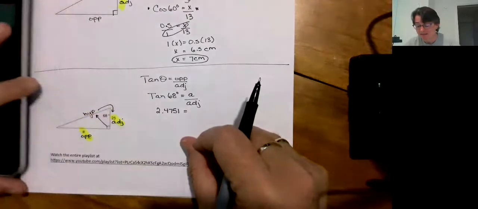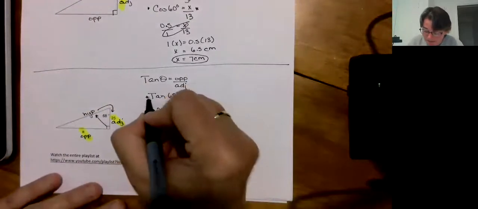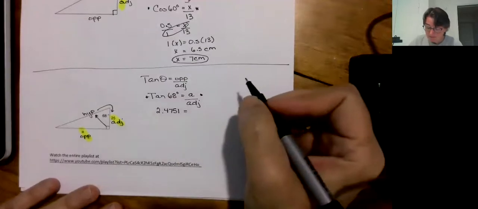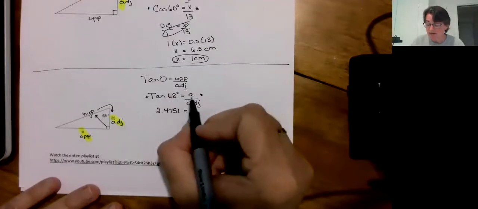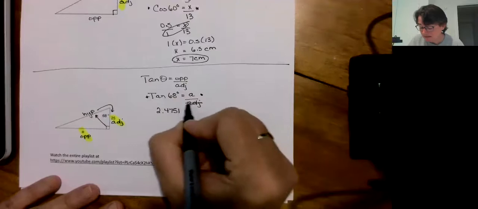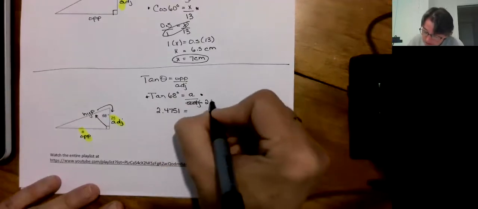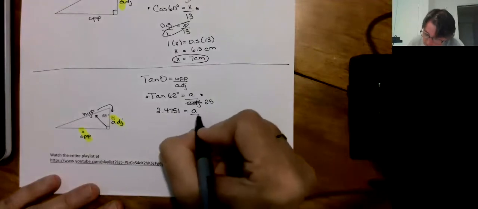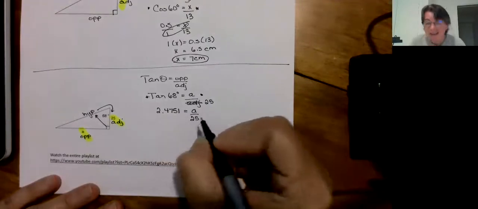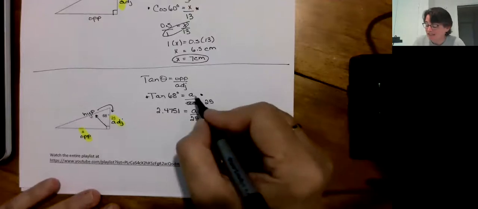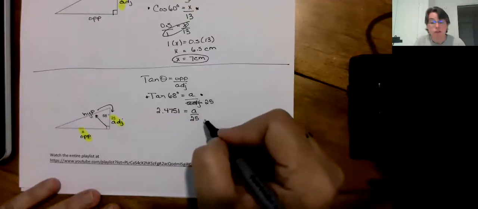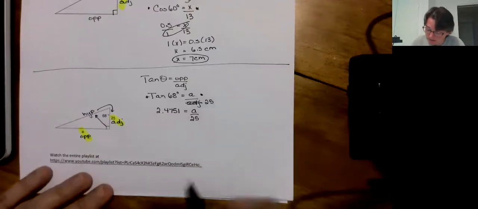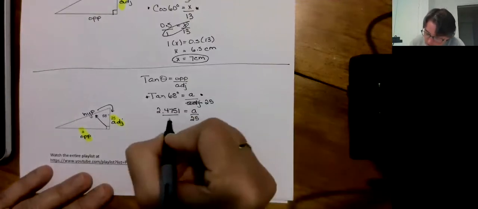Exactly. I forgot to do my little check here, because I have one number and two variables. This, doing that, should be the number. Right? We know what it is. All right, so now we're okay. And I also just showed you, if you miss that step, forget to do the check, it will come back to you in the next part and you will know what's going on. So we're going to cross multiply.